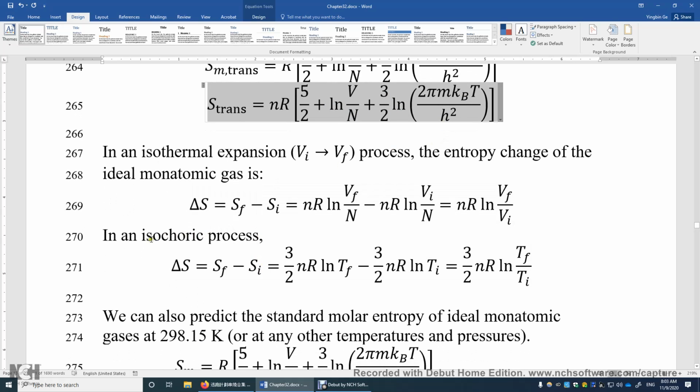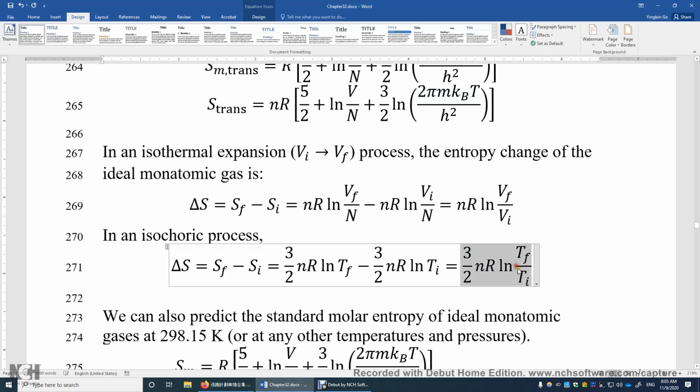If we are looking at an isochoric process and allow the temperature to change, in that case this part doesn't change, this part doesn't change, we just need to look at this part. And specifically, we just need to look at Ln T, because 2 pi m kB over h squared doesn't change. So really, we're just looking at 1.5 NR times the logarithm of T final over T initial.